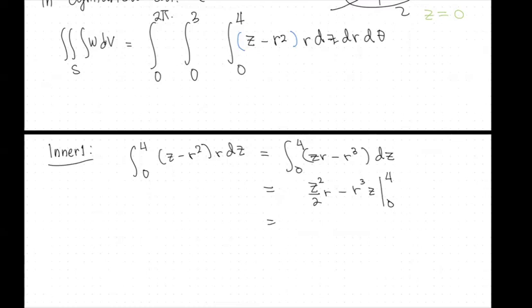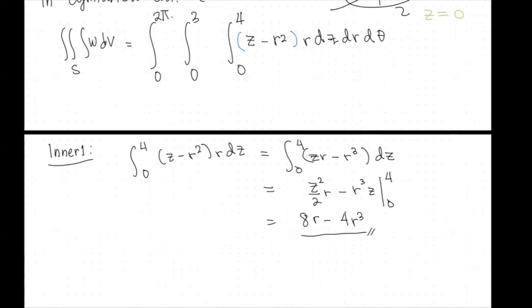So here we get 4 squared over 2, which is 16 over 2, 8. And then r minus 4 r raised to 3. This is the answer for our inner integral.